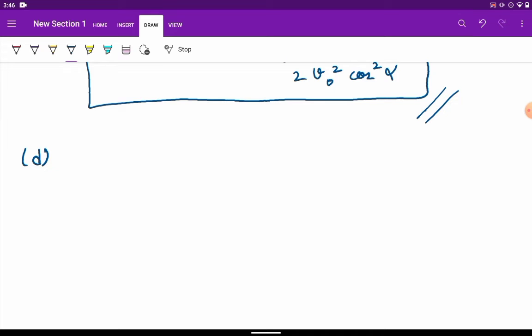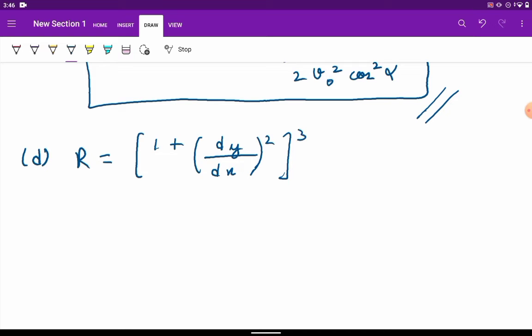So the radius of curvature, I am representing it by r, at any general point is 1 plus dy by dx whole square, whole power 3 by 2, divided by mod of d2y by dx square.